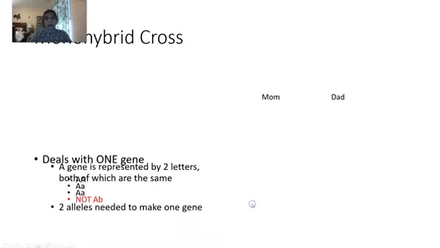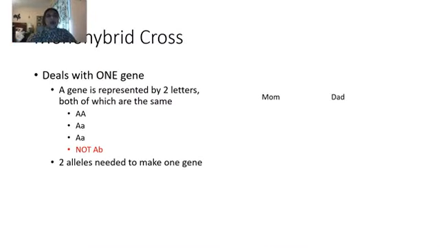Okay, so let's look at a monohybrid cross. It's going to deal with a single gene, very similar to what we looked at last time. The basic idea in a monohybrid cross is that it deals with one single gene, and that gene is going to be represented by two letters. If it is homozygous dominant, it's going to be represented by two capital letters.